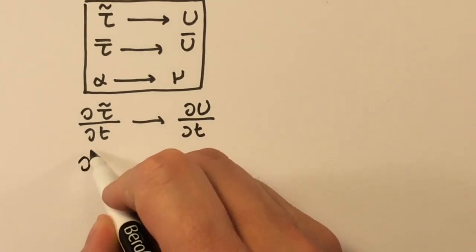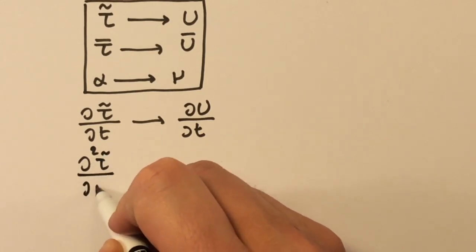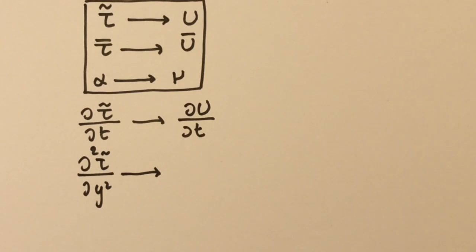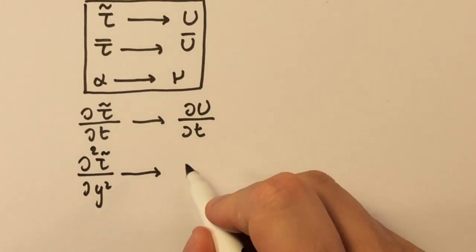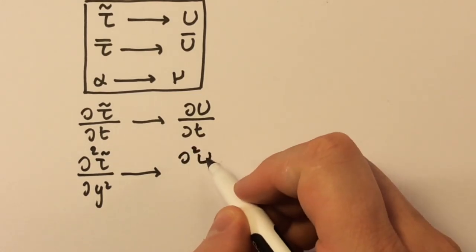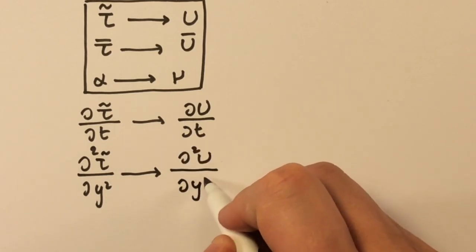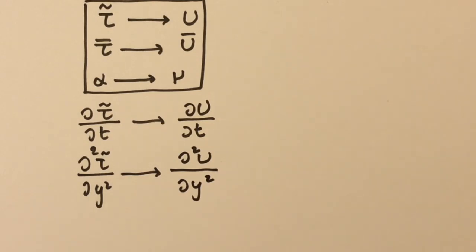And the second derivative of tau with respect to y, proportional to the heat conduction at each point, is analogous to the second derivative of u with respect to y, the term that's proportional to the transfer of momentum. So transfer of heat by conduction is equivalent, in the Stokes problem, the fluid mechanics problem, to the transfer of momentum.